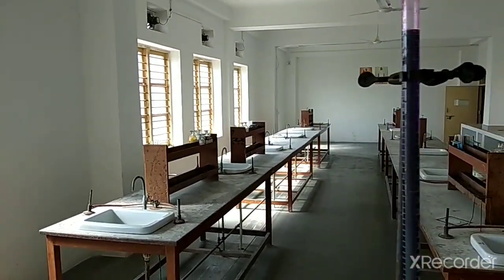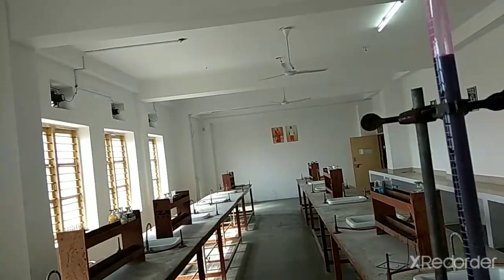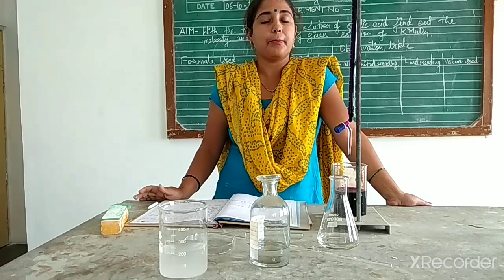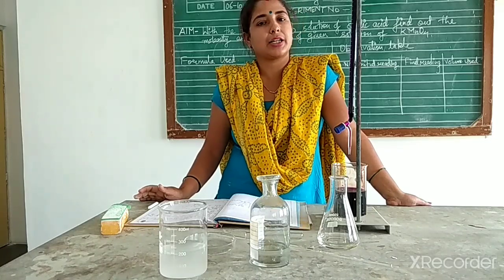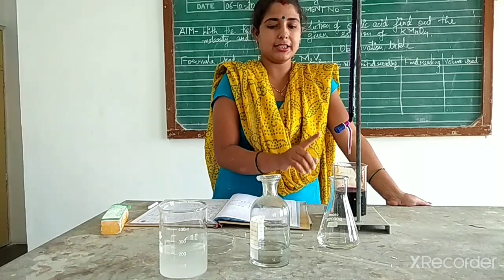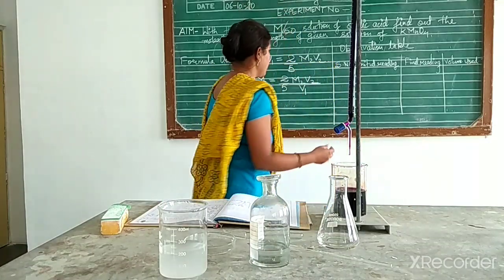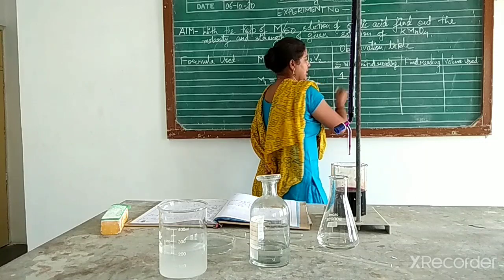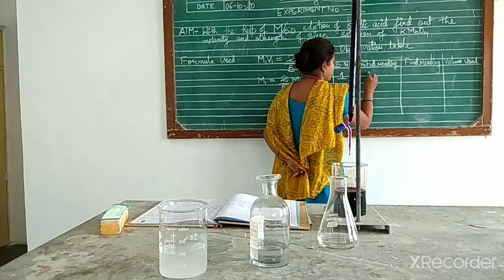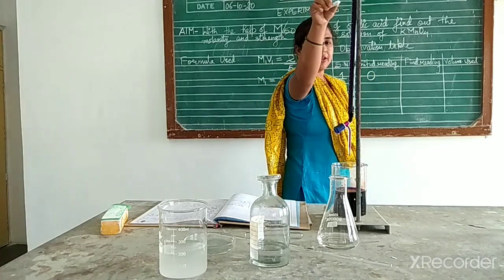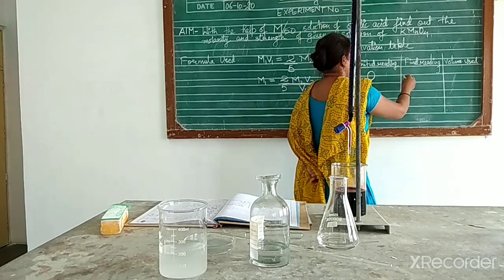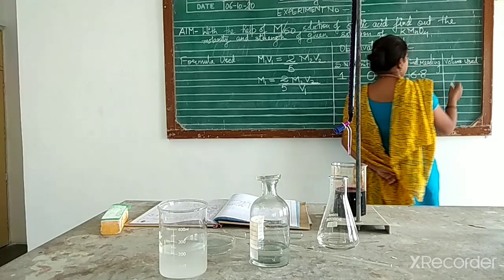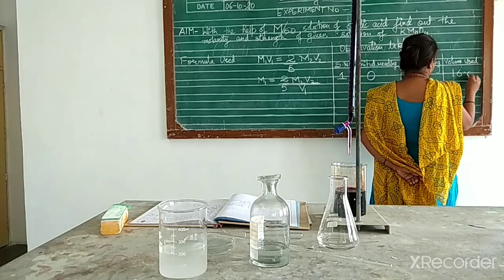Now this process we have to repeat till we get concordant readings thrice. So the reading that I got is the final reading for the first experiment. The initial reading of the burette was 0, and the final reading which we have seen in the burette is around 16.8. So the value of V1 comes out to be 16.8.